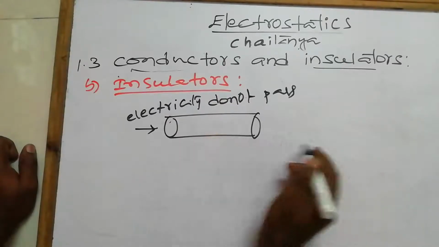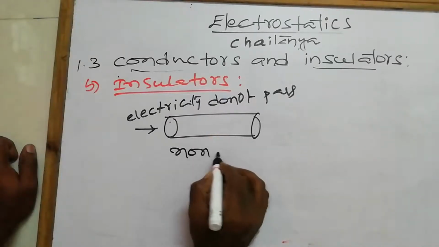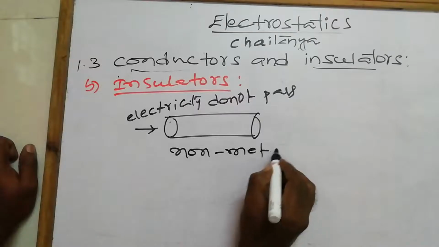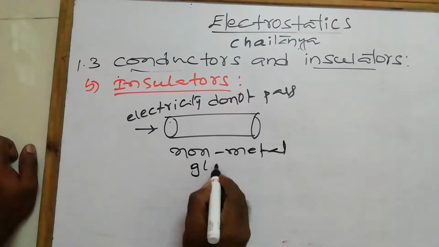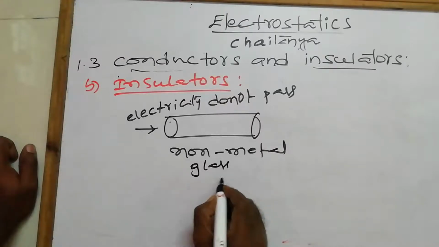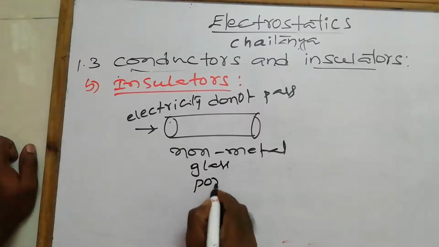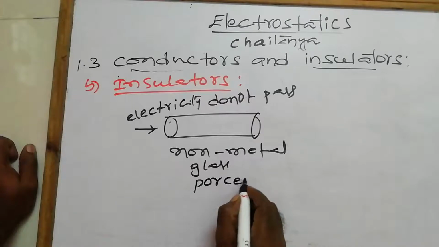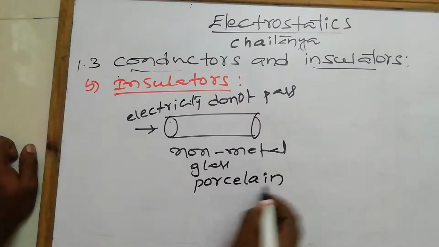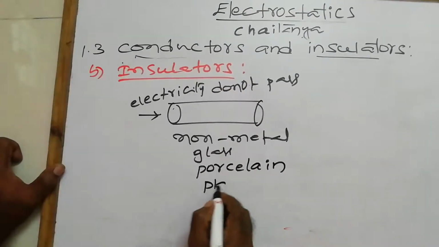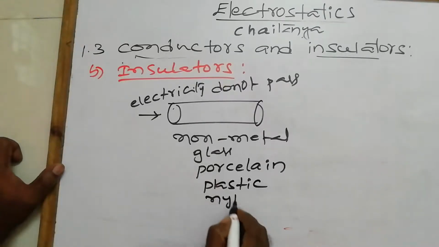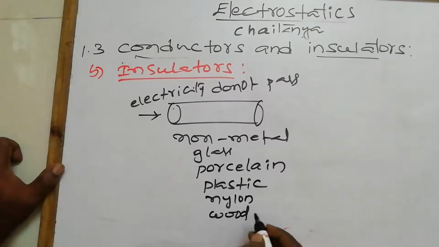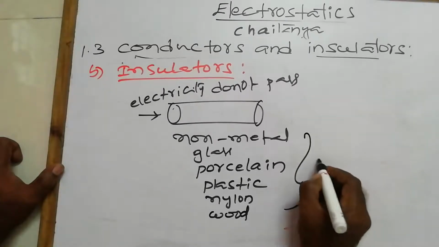Most of the non-metals, like glass, porcelain, plastic, nylon, and wood, have high resistance.